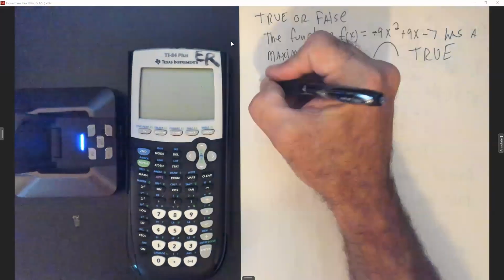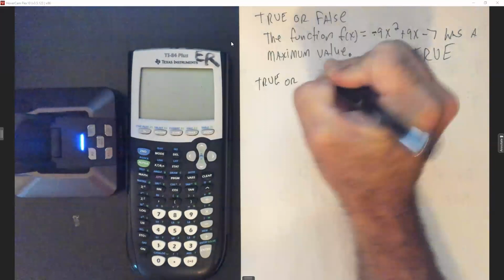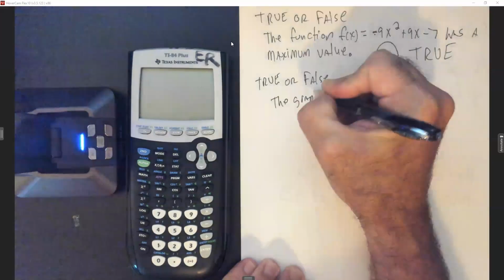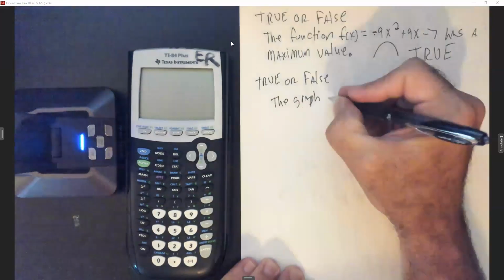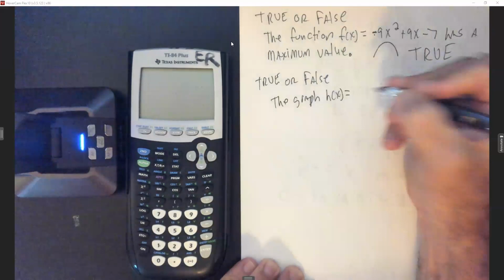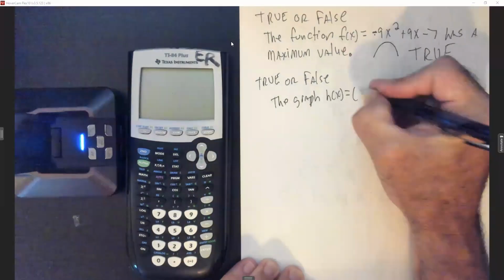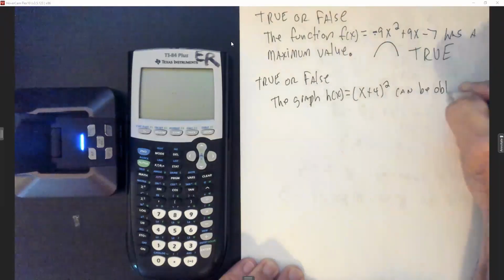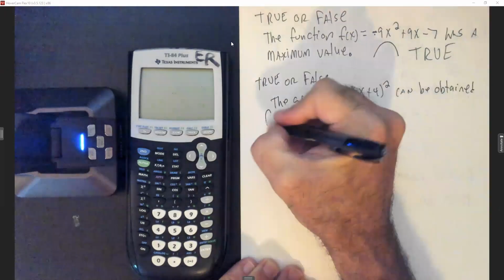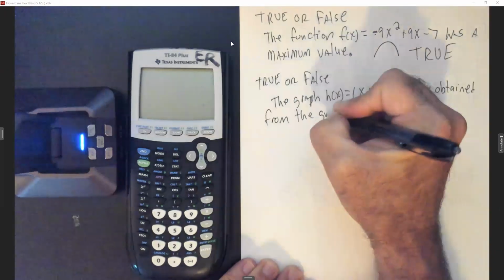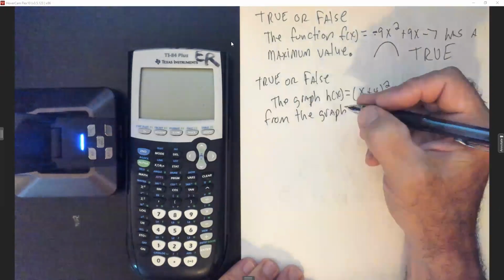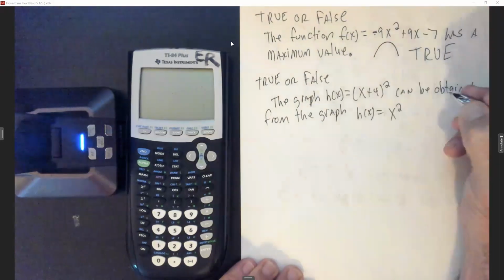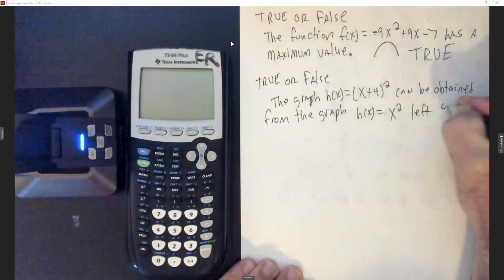Okay, true or false. The graph h of x equals x plus 4 squared can be obtained from the graph h of x equals x squared left 4 units.